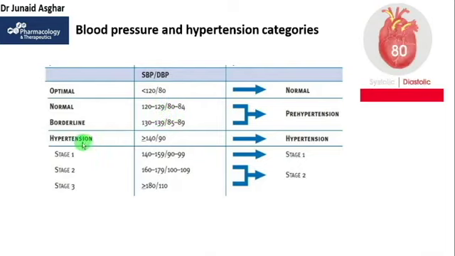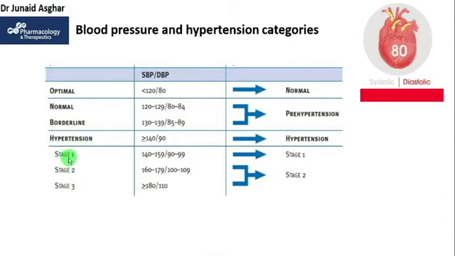A person is said to be hypertensive if the blood pressure is equal to or higher than 140 over 90 millimeter of mercury and remains consistently high in this zone, which means he or she is an established case of hypertension. The hypertension category is subdivided into three stages.